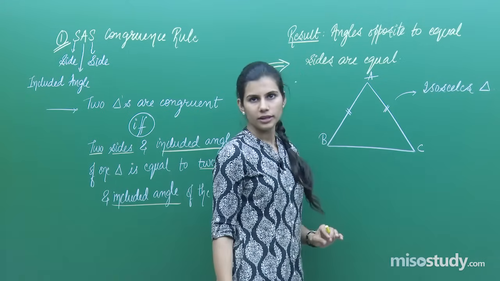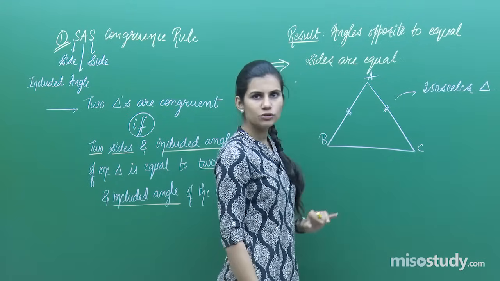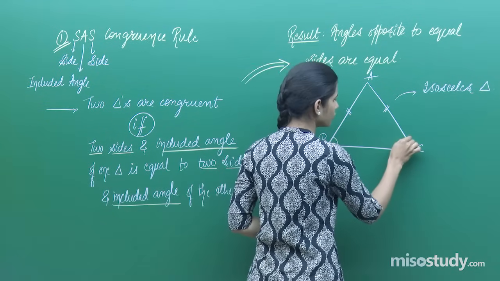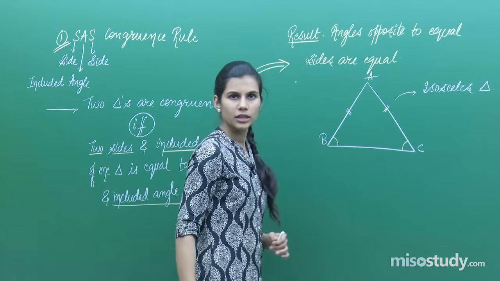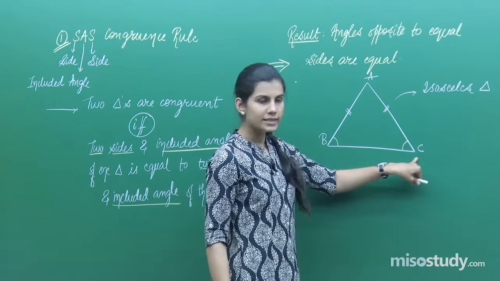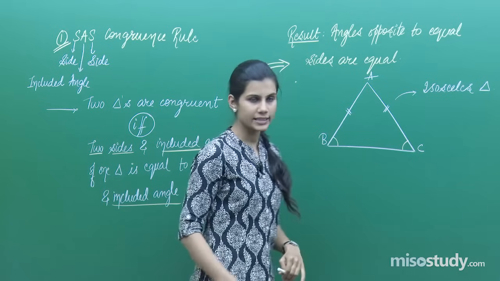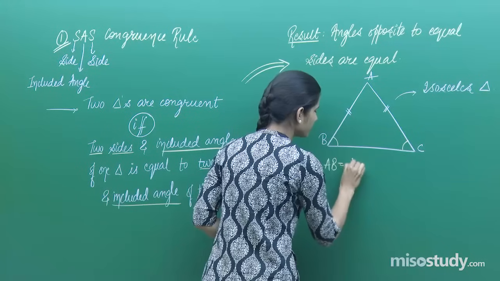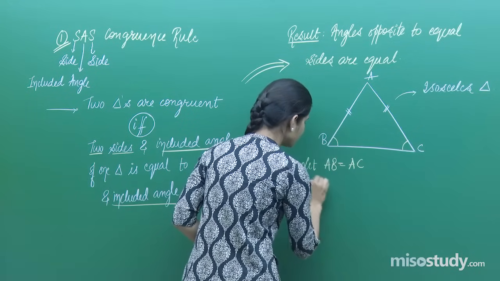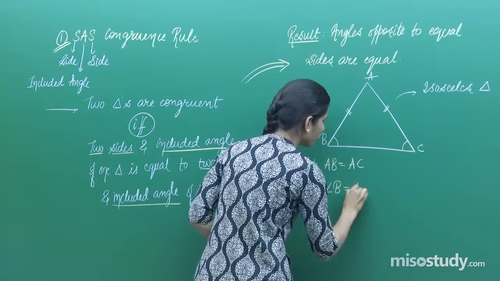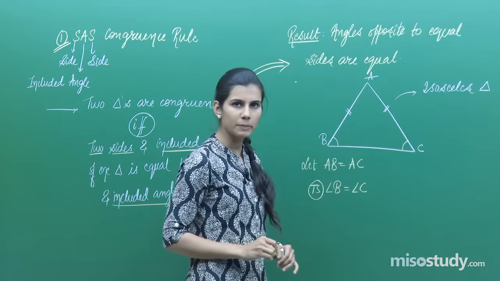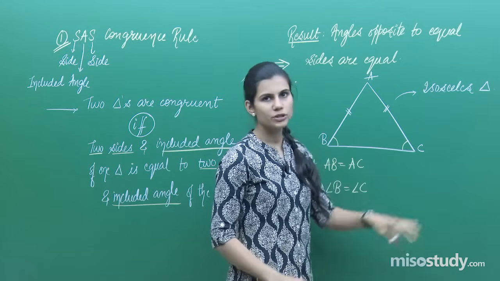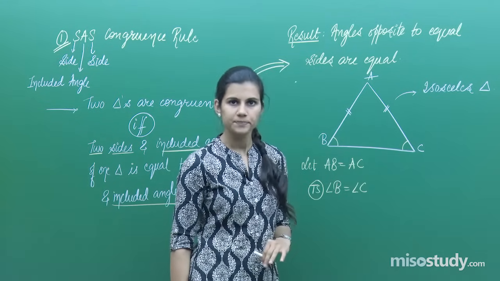If these two sides are equal, then the angles opposite to them should also be equal. I am talking about these two angles. So angle B should be equal to angle C if side AB is equal to side AC. So if I am saying let AB be equal to AC, then I have to show angle B is equal to angle C. If this is shown by me, the conclusion would be that if two sides are same, then the angles opposite to them are also same in measure.